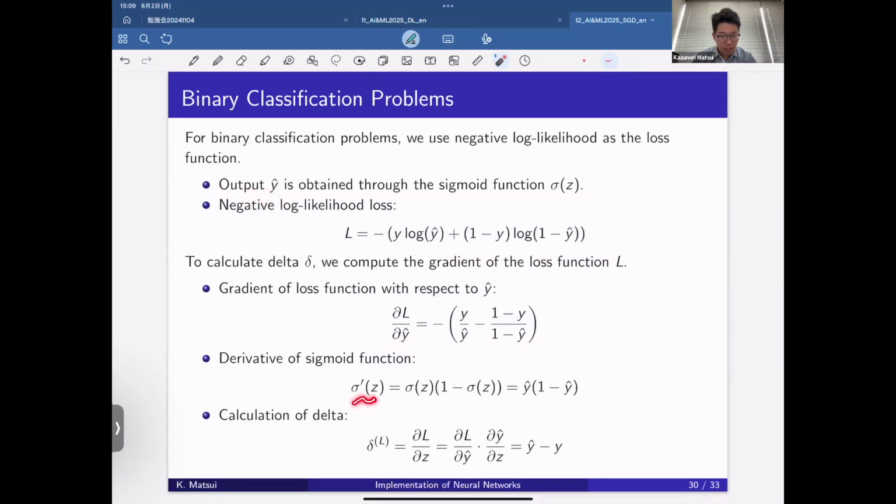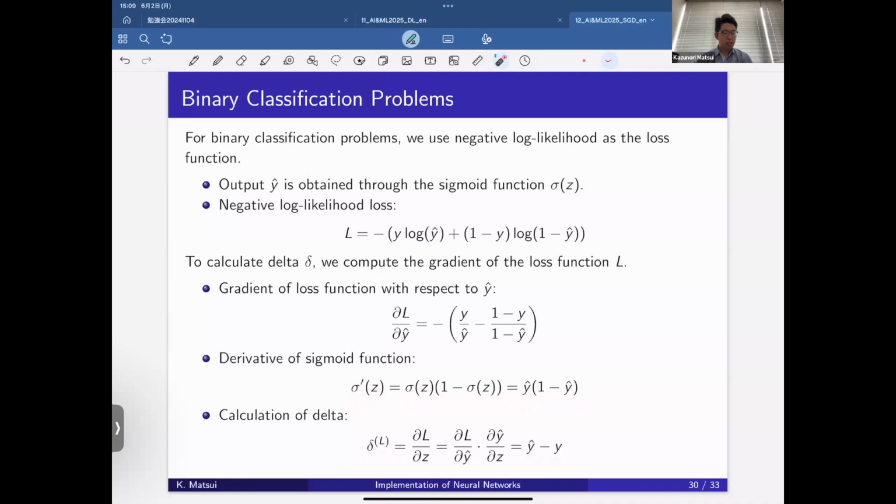Since sigma prime z is sigma z times 1 minus sigma z, which is y hat times 1 minus y hat, delta calculated becomes y hat minus y.